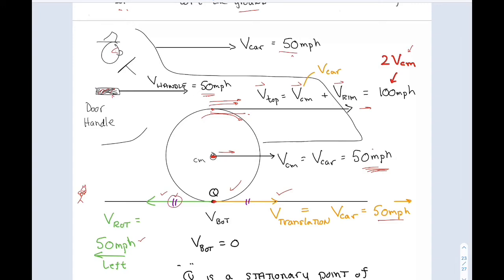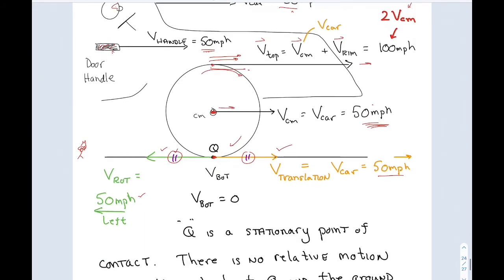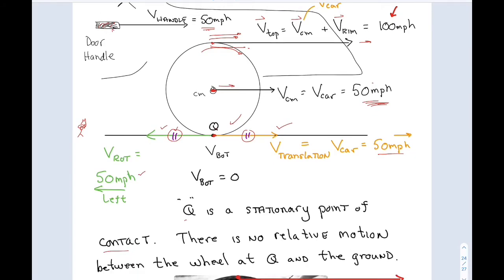These 2 velocities cancel out, and that says the bottom of the wheel has no relative motion with respect to the ground. So I call that point Q. Point Q is a stationary point of contact. There's no relative motion between the wheel at that point Q and the ground.